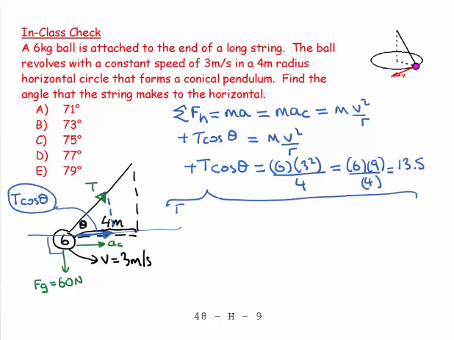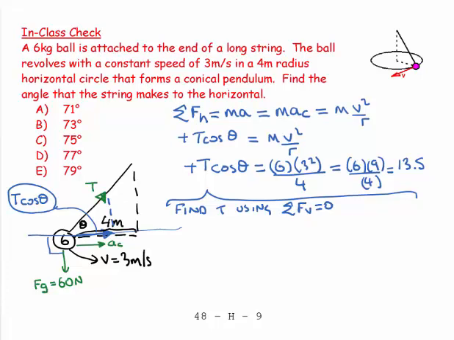Find T using, well, if all else fails and you've tried using Newton's second law horizontally, then you can try using Newton's first law vertically, because that plane has no component of acceleration. So I'm going to say the sum of the forces vertically equals 0.